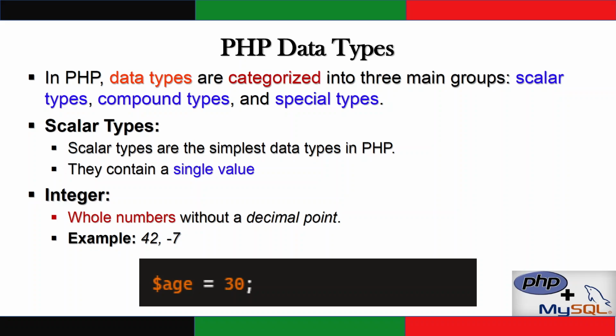First are the common ones, the scalar types, which at the end of the day you'll realize have only one value stored in them. Then the compound types, probably where arrays come in. The special types would be around, let's say, classes, etc., or objects.